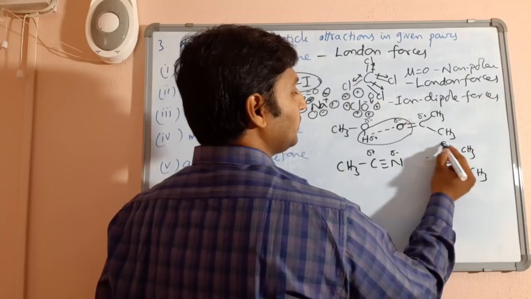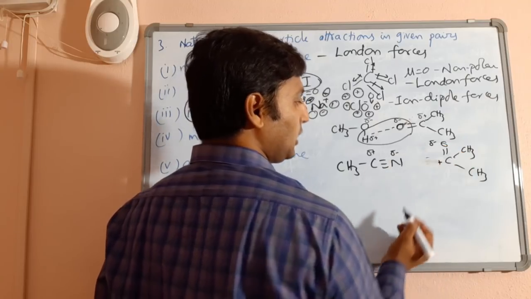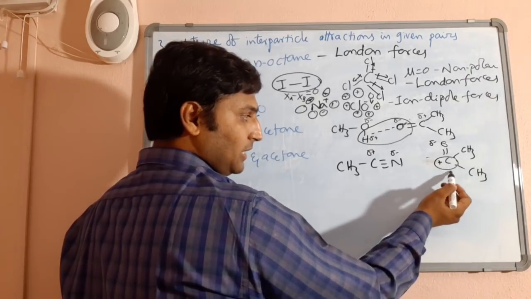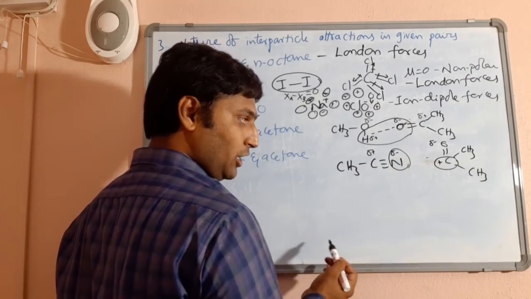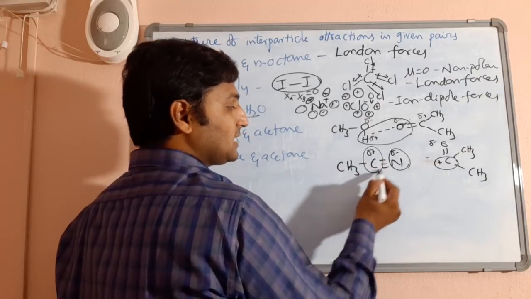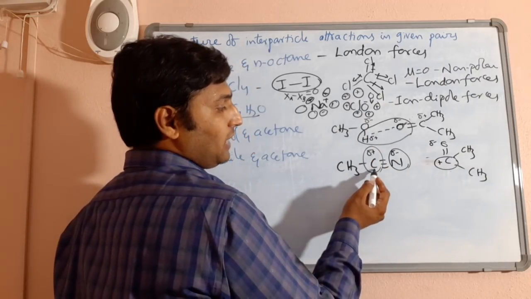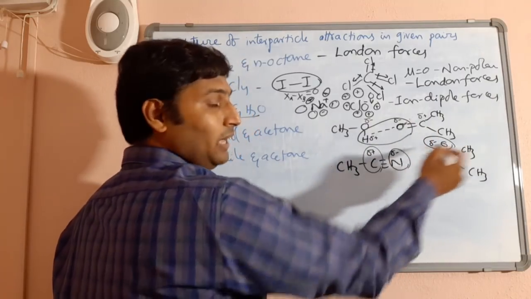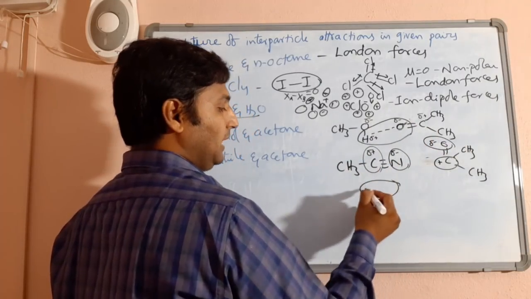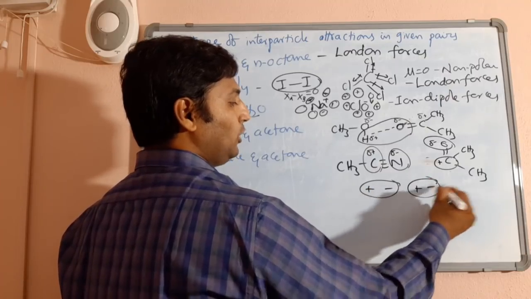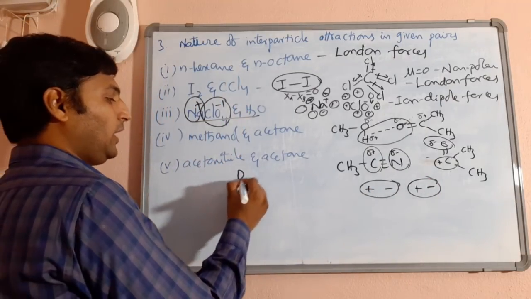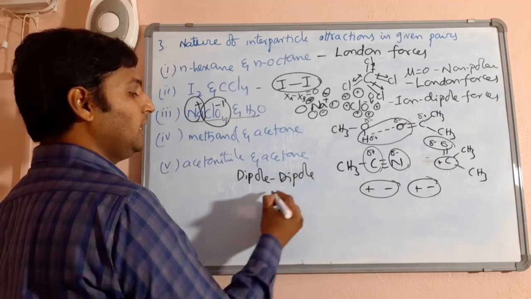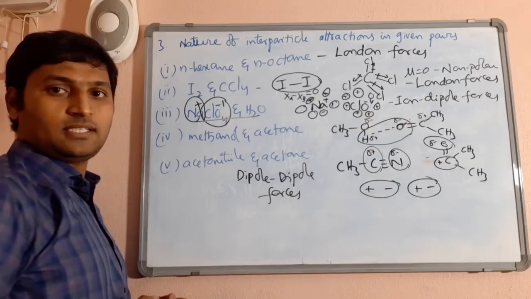Here also carbon electropositive, oxygen electronegative. So between the positive carbon end of acetone and the negative nitrogen end of acetonitrile, and the positive carbon end of acetonitrile and the negative oxygen end of acetone, there could be attraction. These are nothing but dipole-dipole forces. So between the molecules of acetonitrile and acetone, there will be dipole-dipole forces.